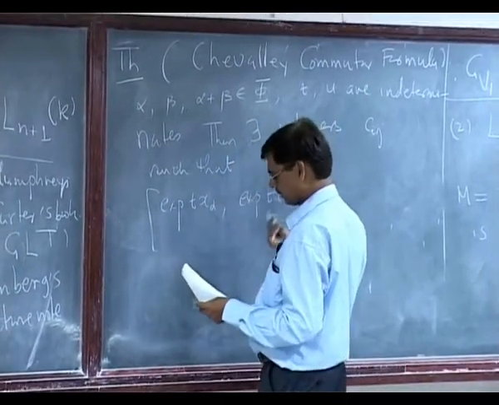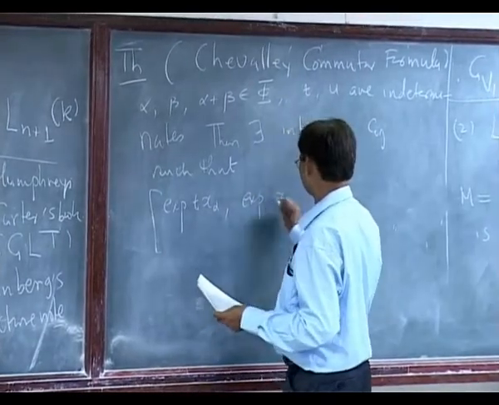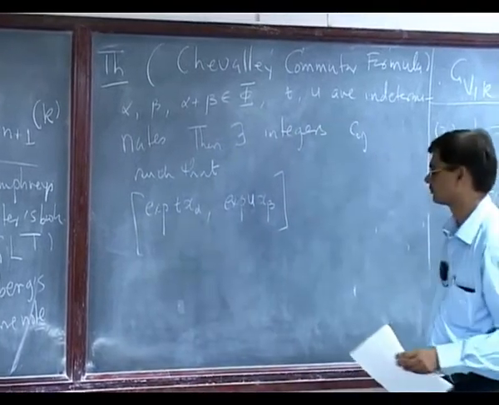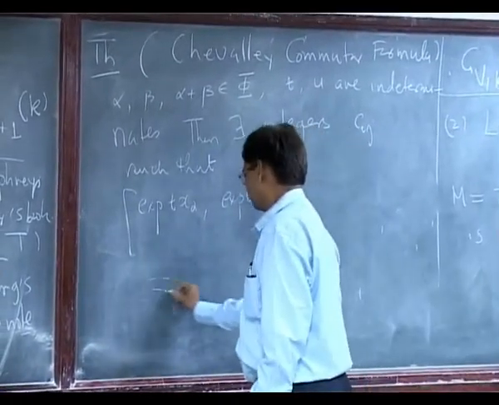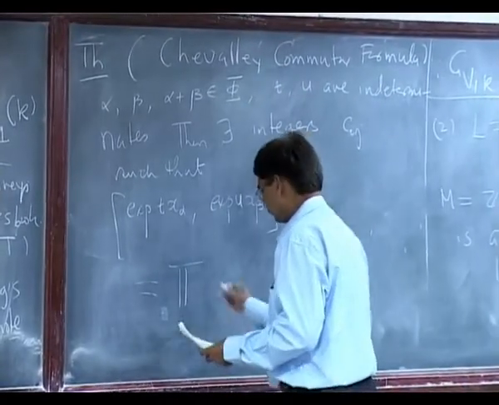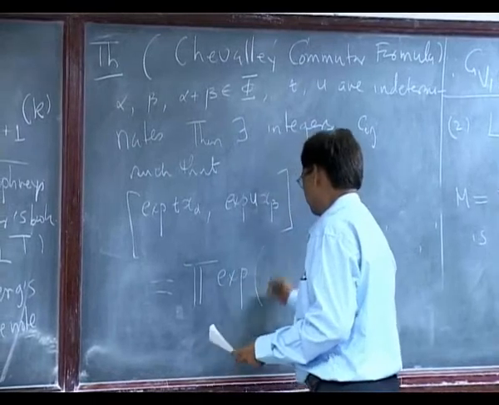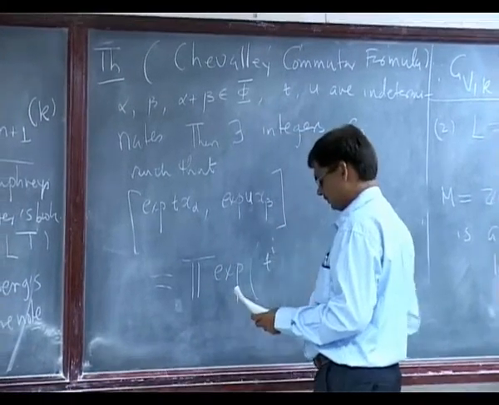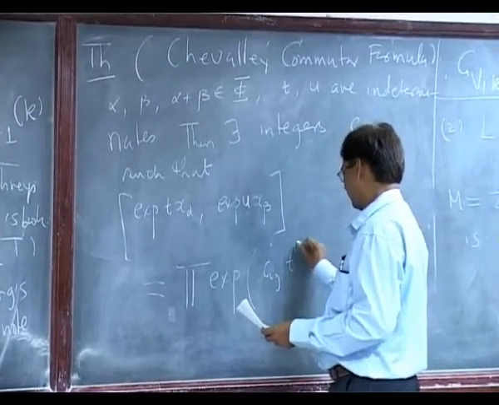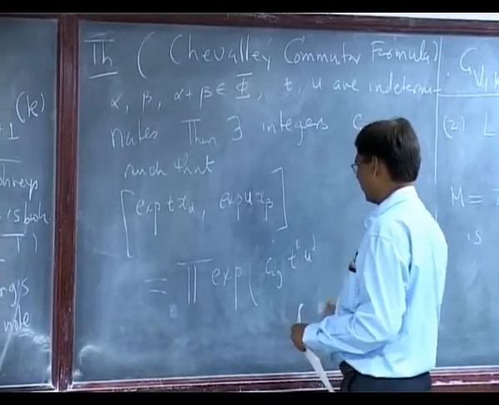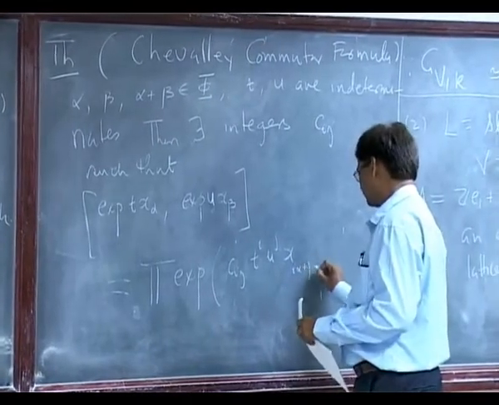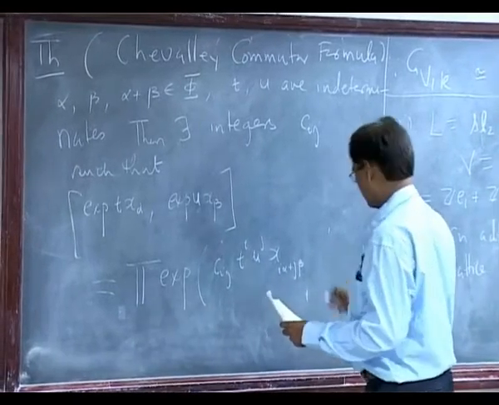So, you take one place at T and the other place at U. The commutator is the product of the following elements: exponential of Ti Uj Cij, Ti Uj, and then x of i alpha plus j beta.